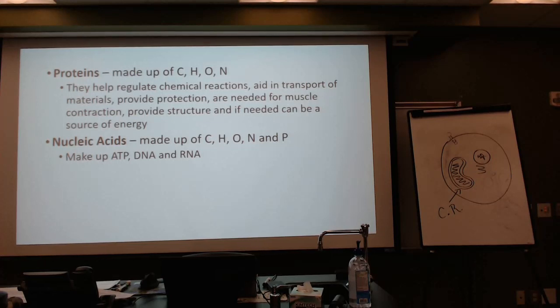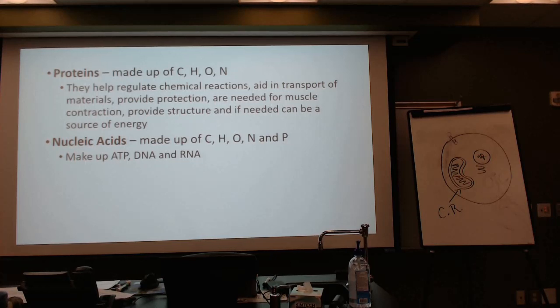However, we do not want to use proteins as an energy source. If the body begins using protein as an energy source, things go bad quickly in the body. The way that the body wants to get energy: carbs first, lipids second, proteins last.